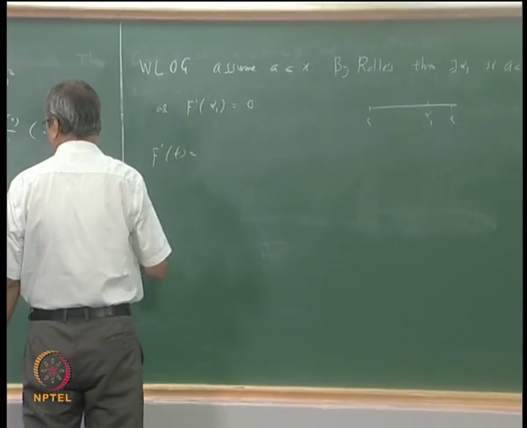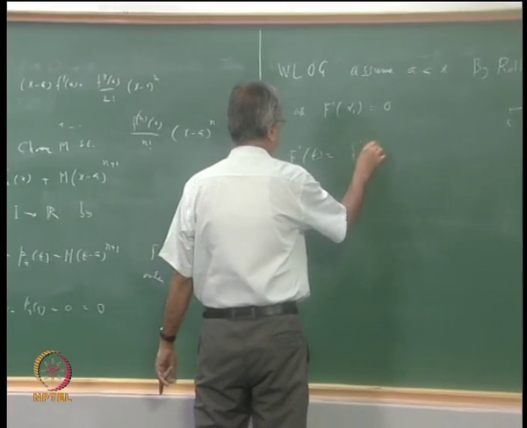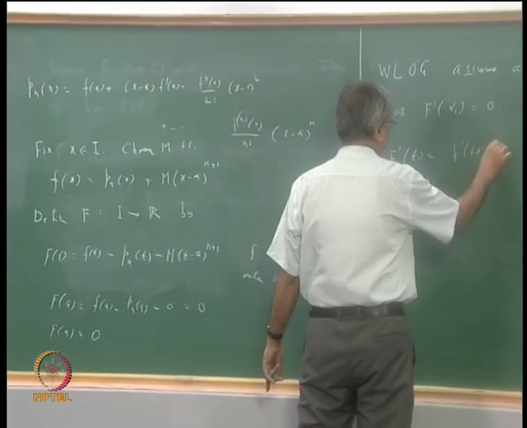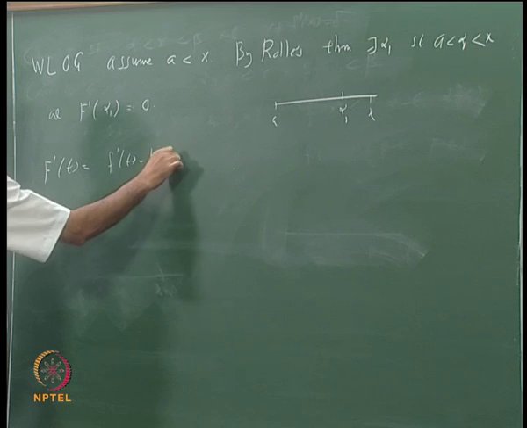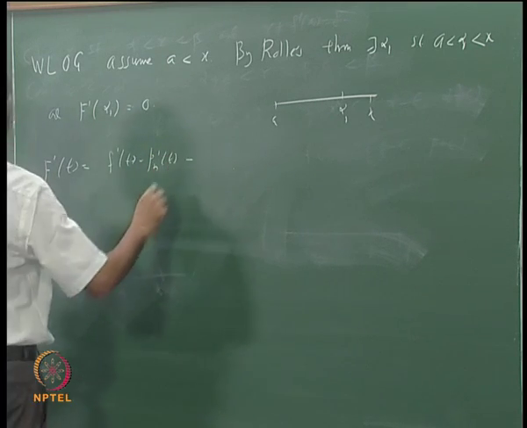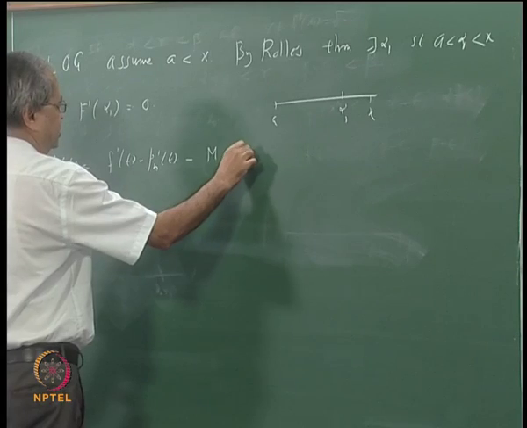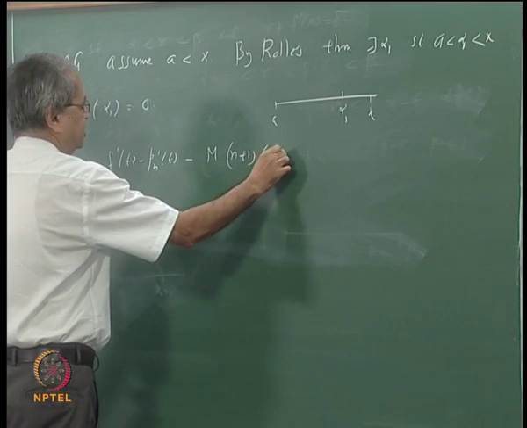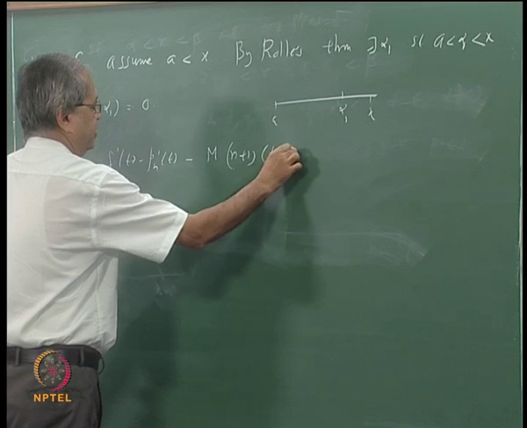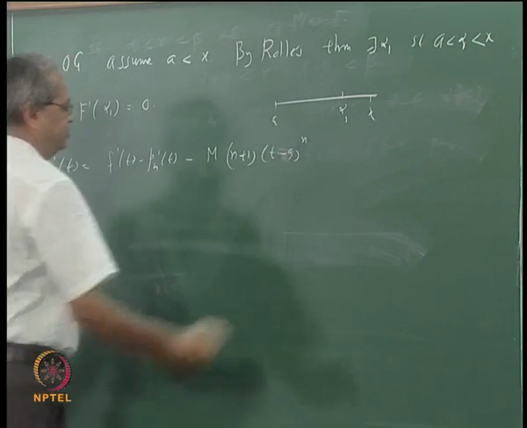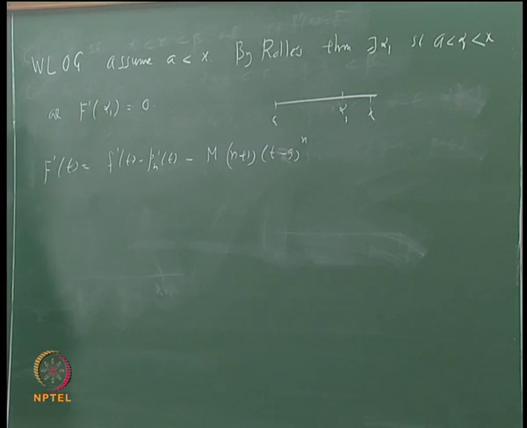So big F prime at t is equal to small f prime at t minus Pn prime at t minus m into n plus 1 into t minus a to the power n. What can we say about big F prime at a?